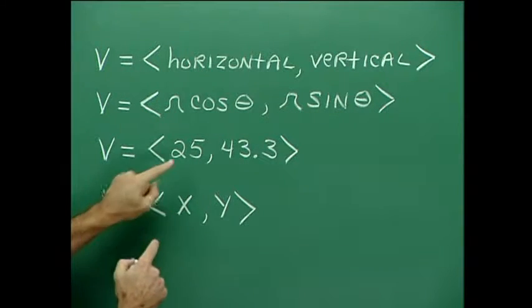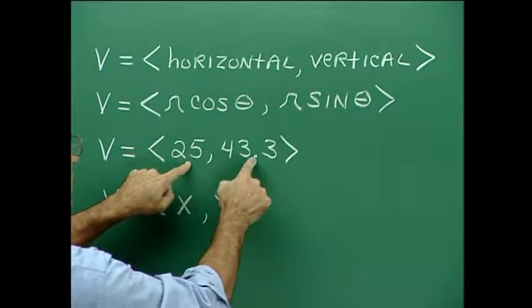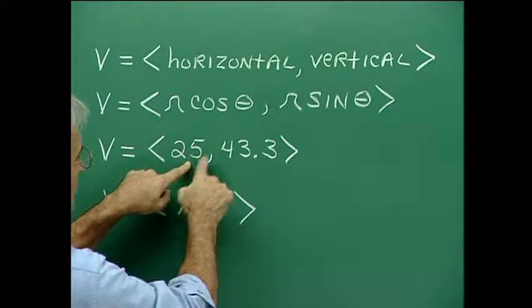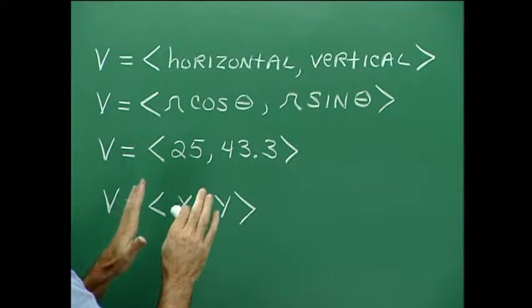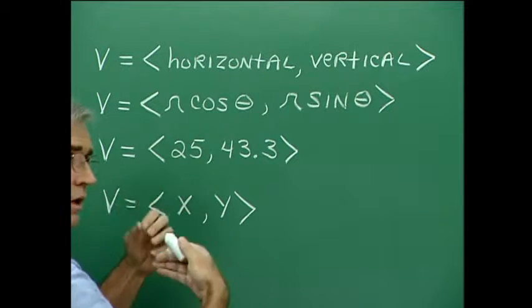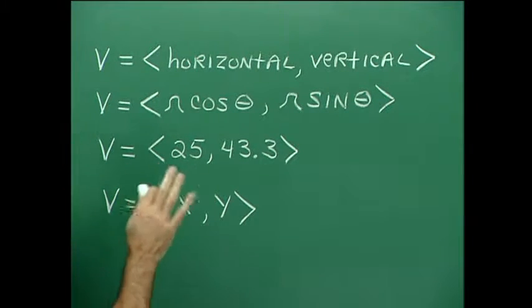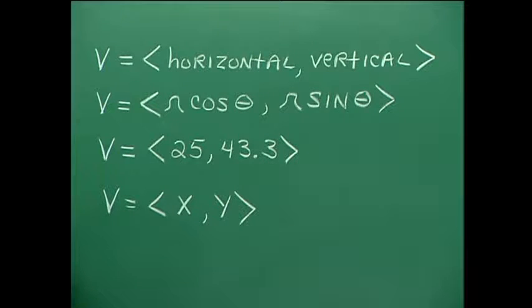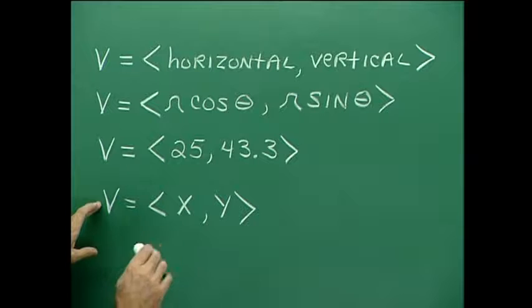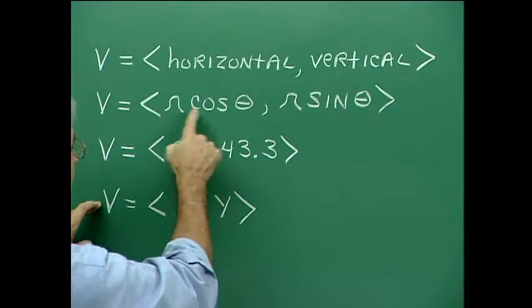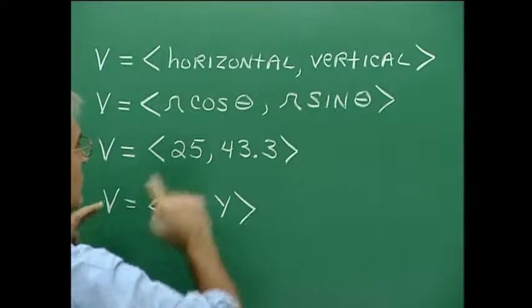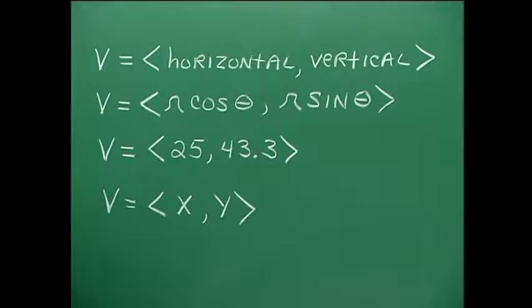And for our problem, it would be 25 comma 43.3. And notice the horizontal and vertical idea. Gee, this corresponds really well with our notion of ordered pairs and our coordinate plane and all of that kind of thing. So it's very consistent with that and easy to recall. So a vector in its component form would be kind of an xy pair here, given by mostly this r cosine theta, r sine theta notion.